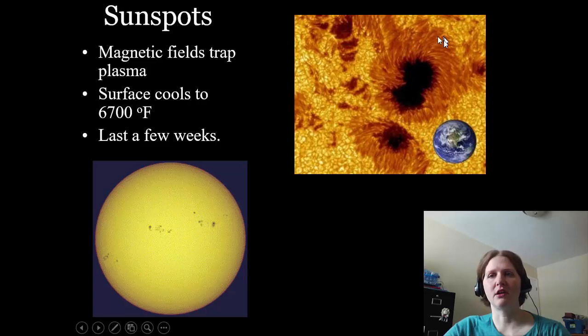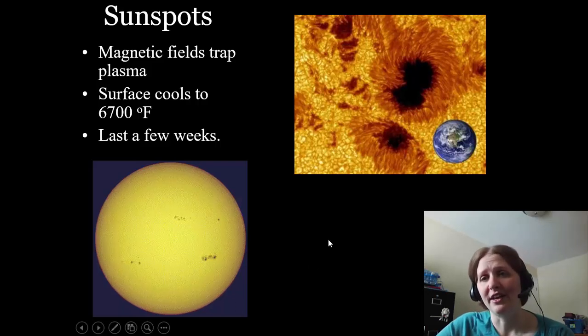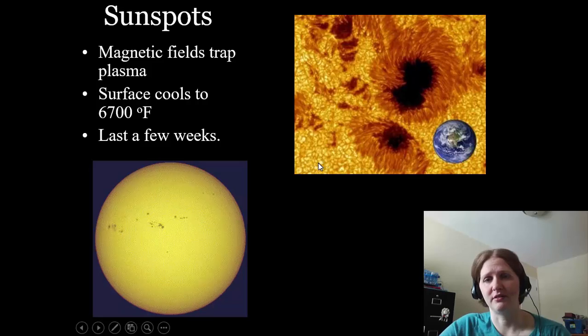But this extra, let's call it feathering, around the sunspot is just the magnetic field starting to affect the convection around there. So if you were to zoom in on that, it is pretty. It's gorgeous. And remember that one of these little white spots right here is roughly 600 miles across.